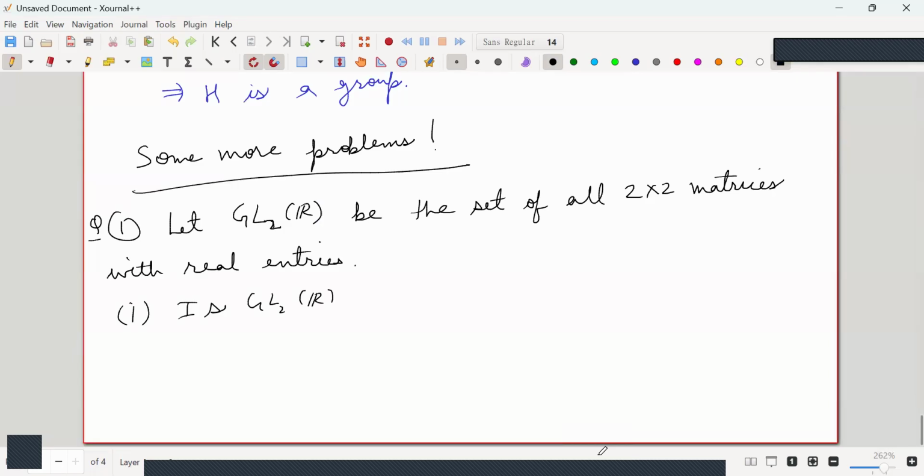Is GL2R a group with respect to matrix addition?